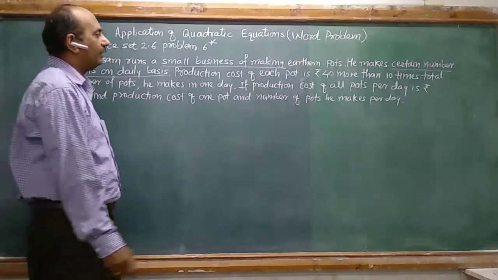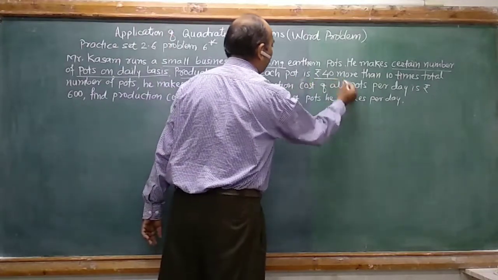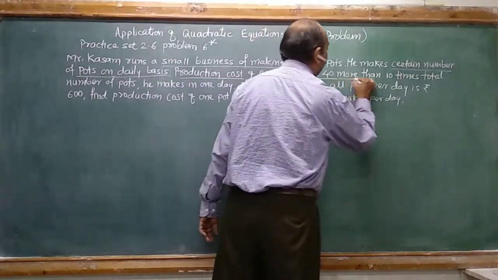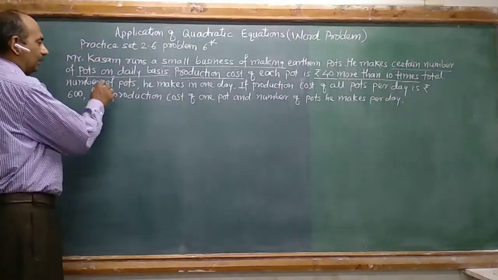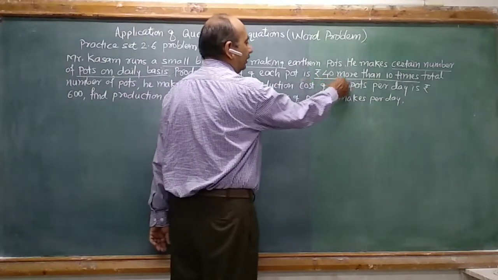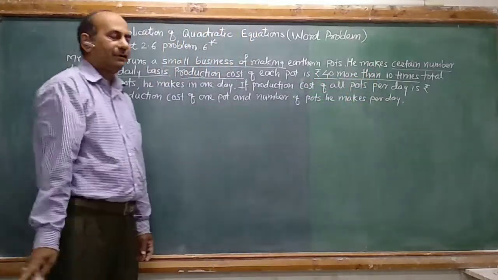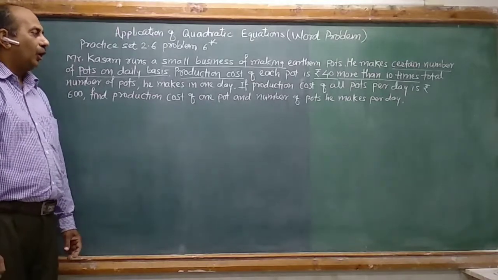The production cost of each pot is rupees 40 more than 10 times the total number of pots he makes in a day.